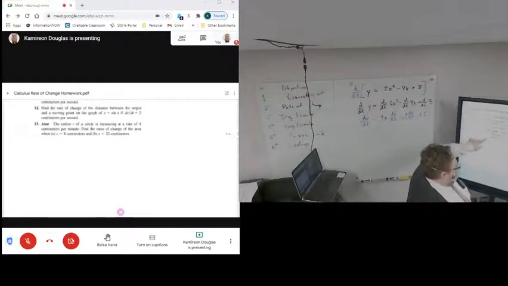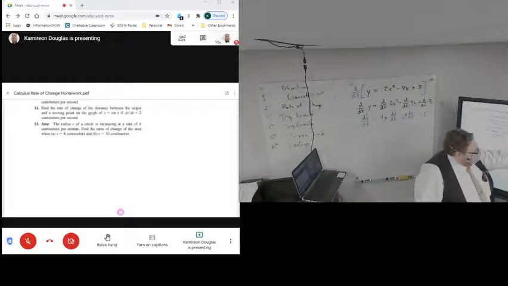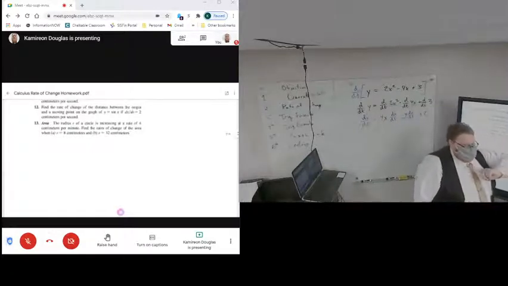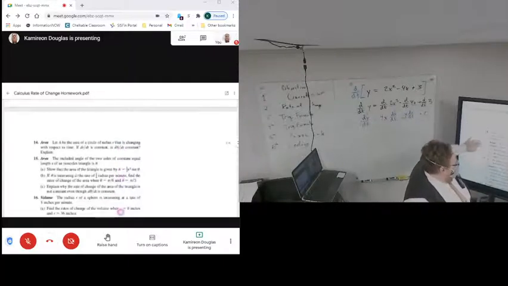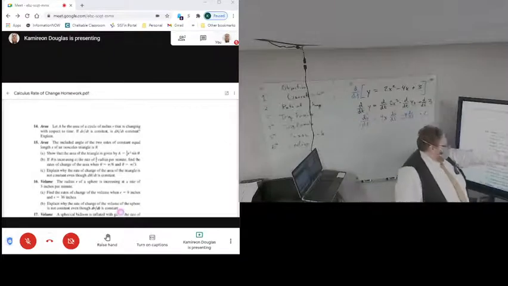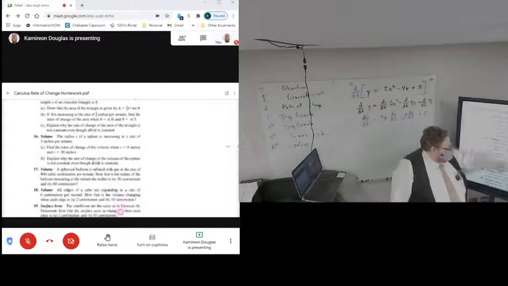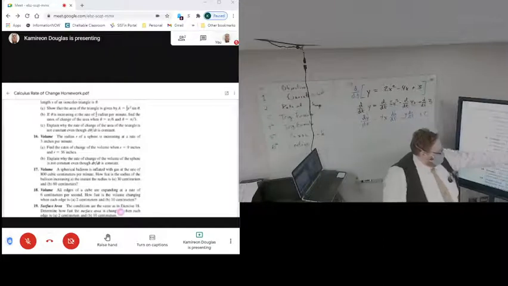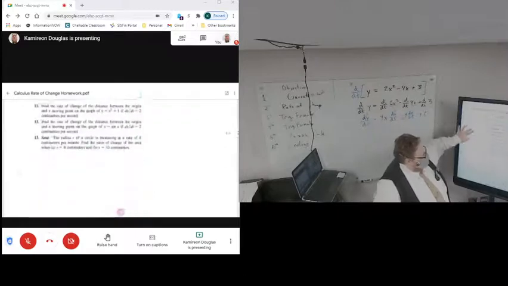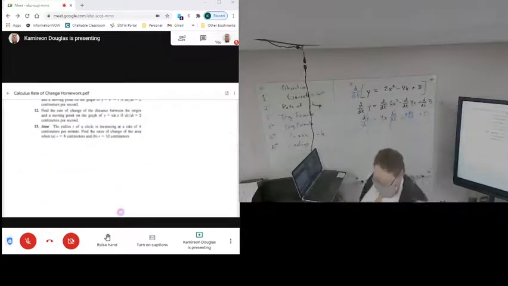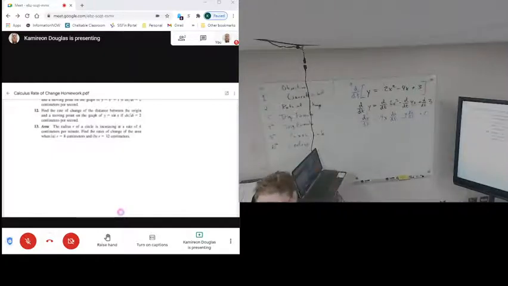Number 13 asks about the radius of a circle increasing. Find the rate of change of the area. So we're probably going to use the area formulas. Other problems can ask about things like angles of the sides of a triangle, radius of a sphere. How is its volume changing? These problems are some of my favorites because they pull in pieces from Algebra 1, Algebra 2, and geometry and say, you don't have the formulas.